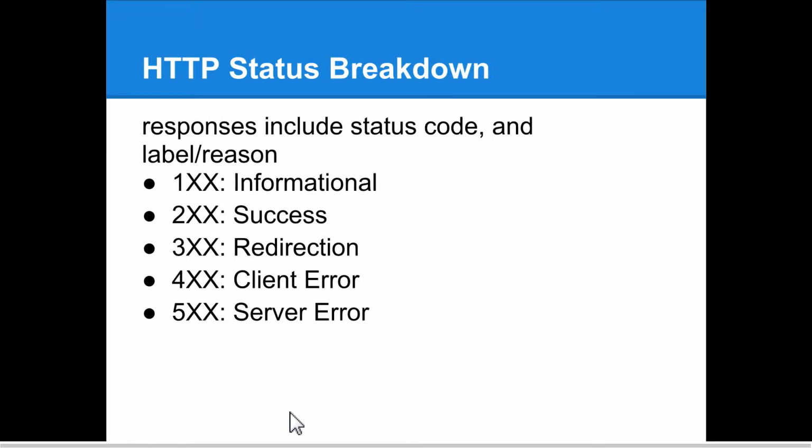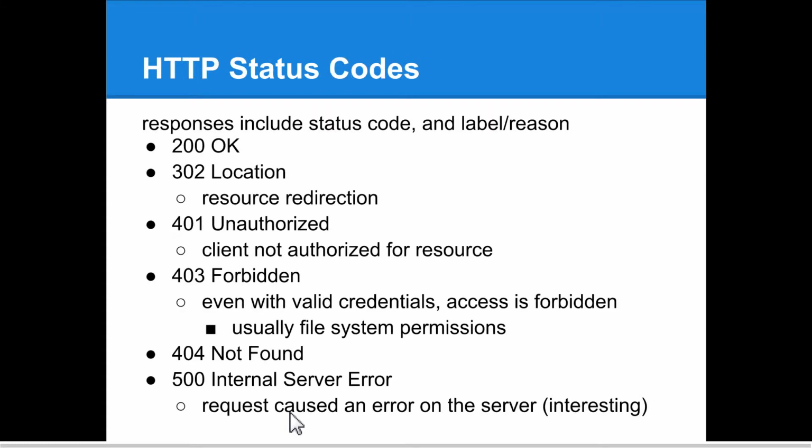That's the resource you're trying to locate was previously located here, or redirected to the actual location. 400 series is client error. The most common one that you should all be familiar with is 404, resource not found. And 500 series are interesting for us as vulnerability analyzers because that indicates that something has gone wrong in the server, and that's always interesting.